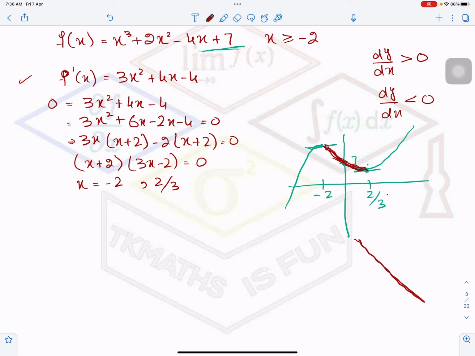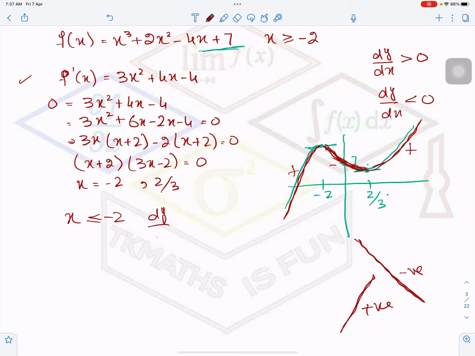And from 2 upon 3 onward, the rate of change is positive, because when the line has a slope like this, the rate of change is positive. From coordinate geometry, you have a very clear concept. And similarly here also, in this part, the rate of change is positive. So I can say that for x less than or equal to minus 2, the rate of change dy over dx is positive.